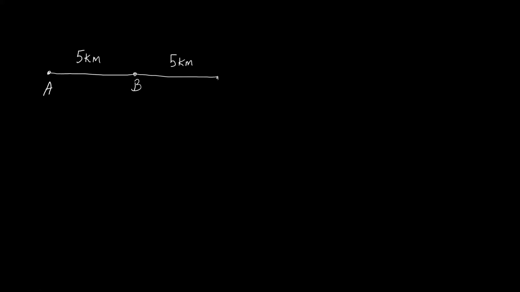Right now, if I show the direction here, if I say here is north, south, east, and west, I can say I ran 10 kilometers to the east. So I'm talking about a vector quantity.